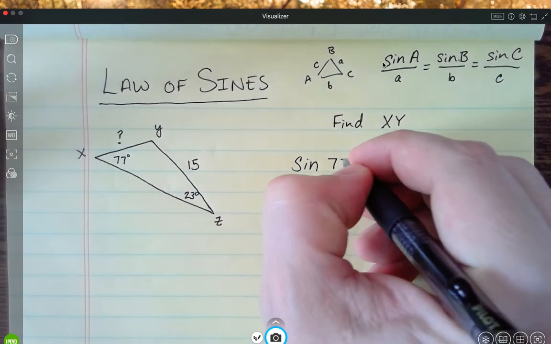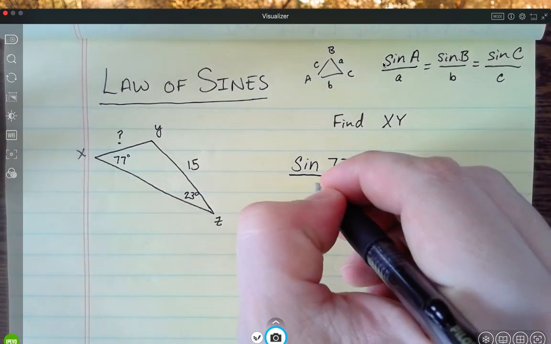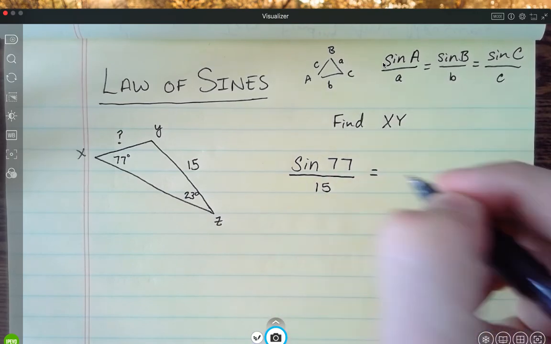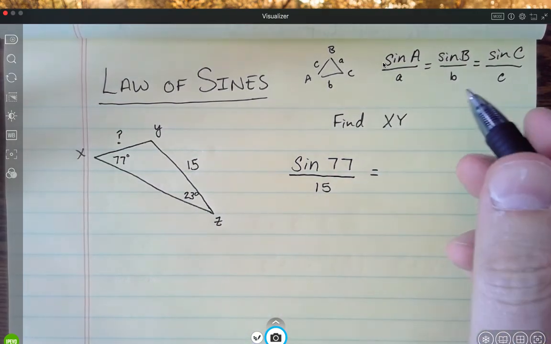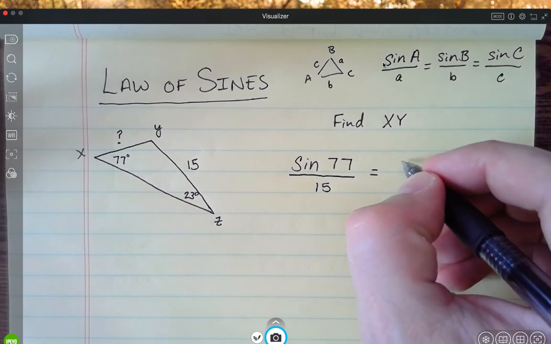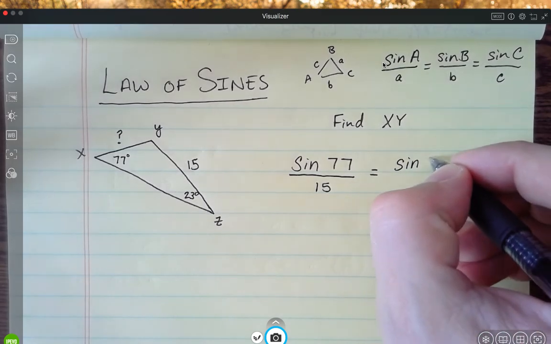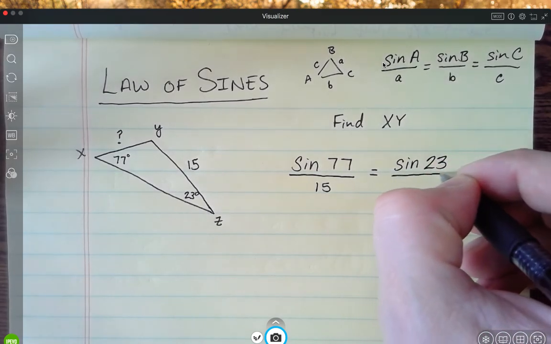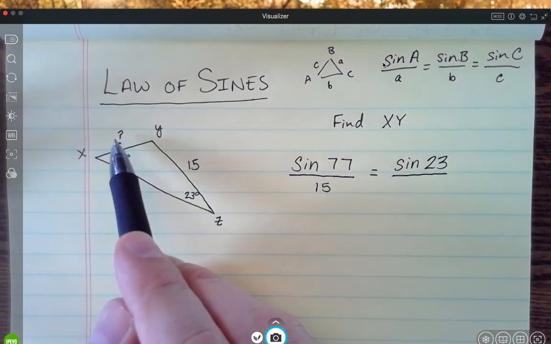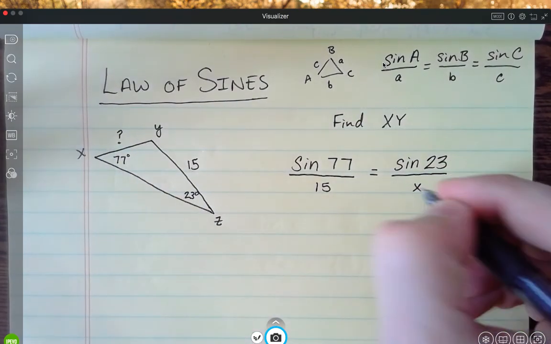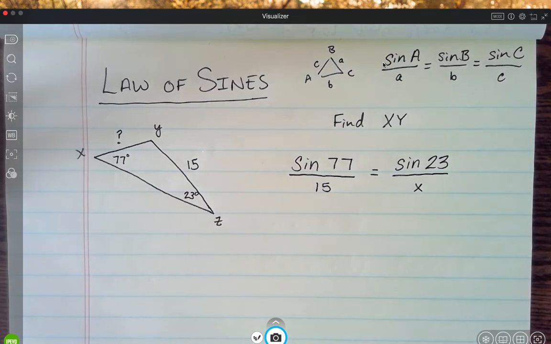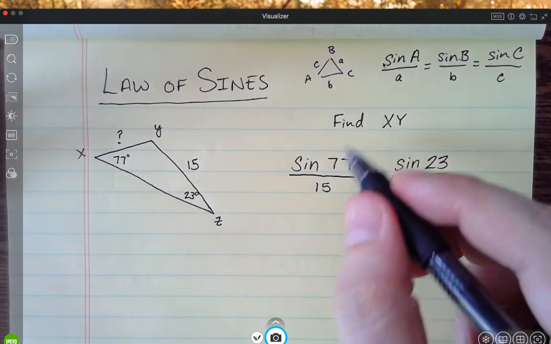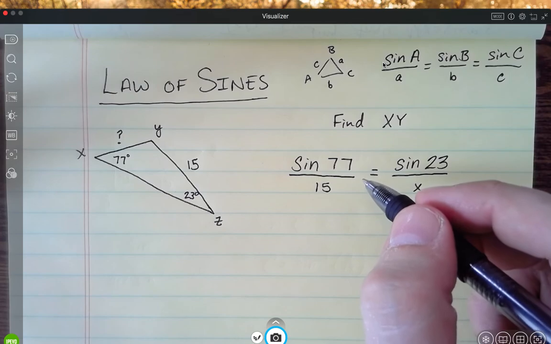So I'm going to say the sine of 77 over 15. And we're going to set that equal to our other side of the proportion. I'm going to say the sine of 23 over, and this is what I don't know, so I'm just going to put an x in there. So I'm able to use the law of sines to set up a proportion. We just need to solve it now.